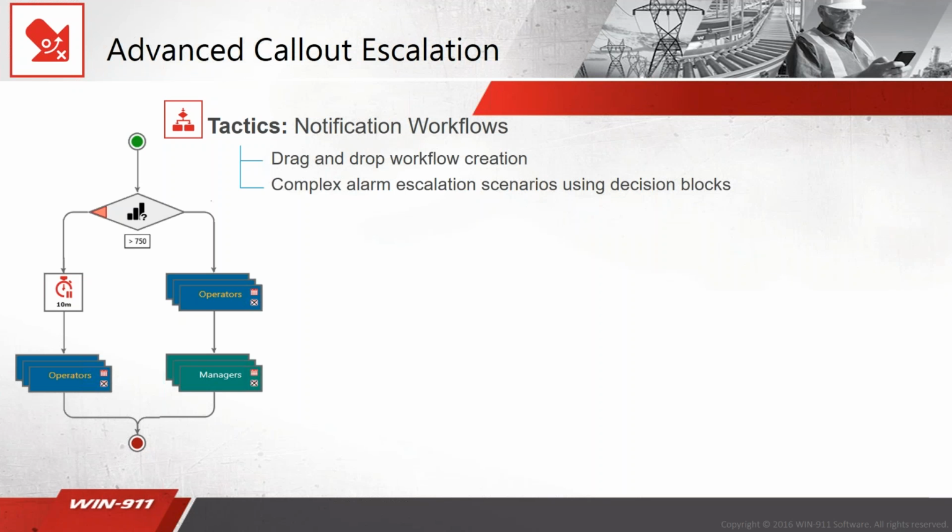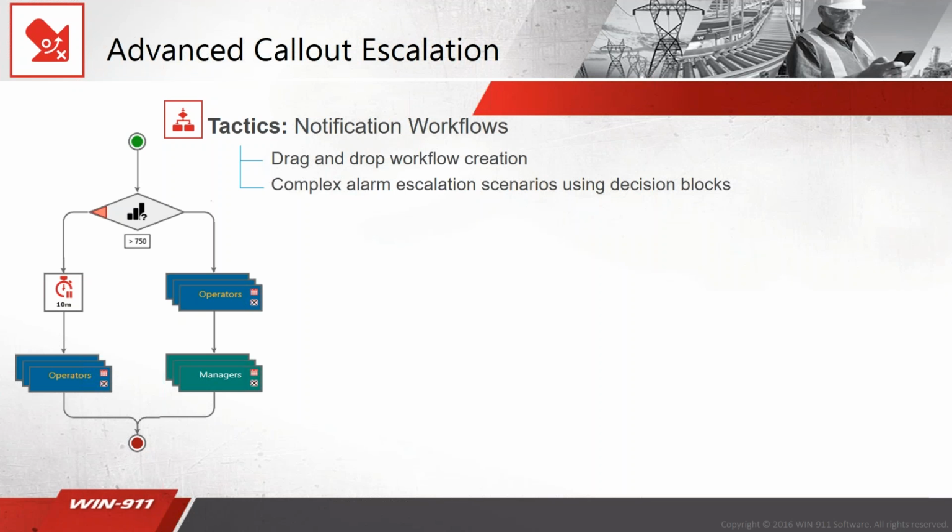If you haven't seen it before, this is what we call a tactic in Enterprise. A tactic takes the place of a contact list within version 7. So a tactic is more or less a workflow, and it determines who's going to be notified. In this little example on the left side, you've got the starting point where the green dot is.